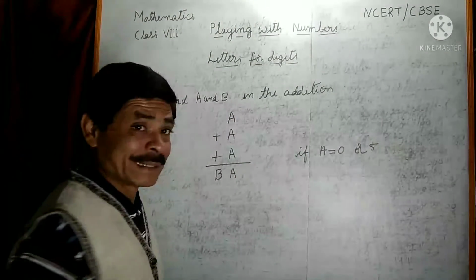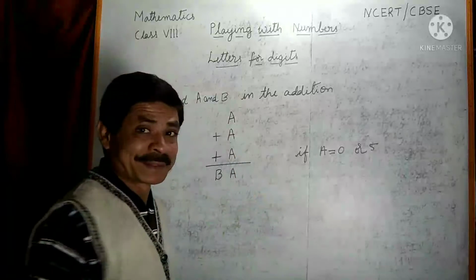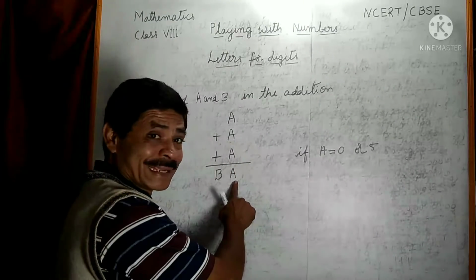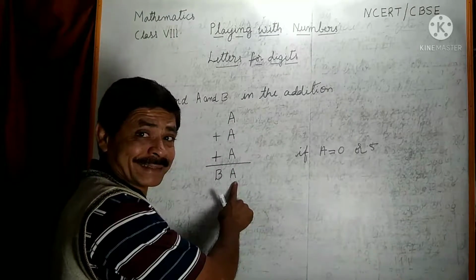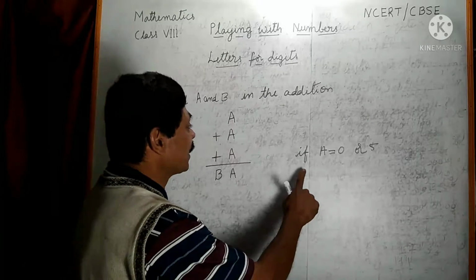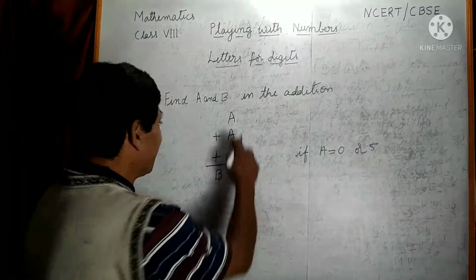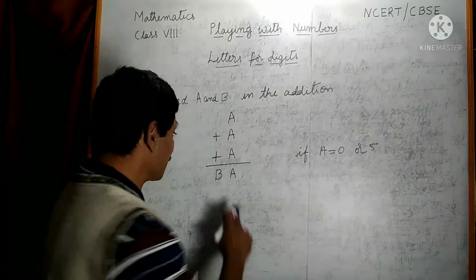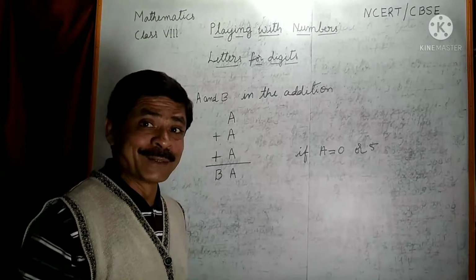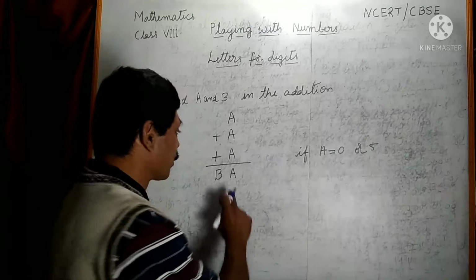Next puzzle, find A and B in the addition. Let us look at the puzzle. When we add A 3 times, we have to get A as the 1st digit. So it is possible if A is equal to 0 or 5. If A is equal to 0, the total sum will become 0, so that is not possible.